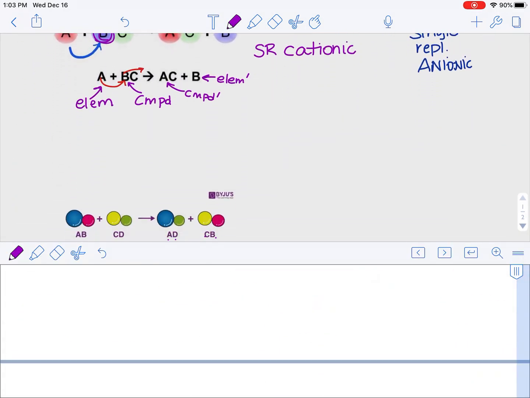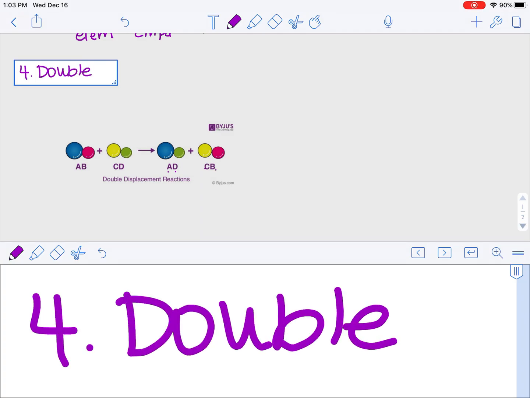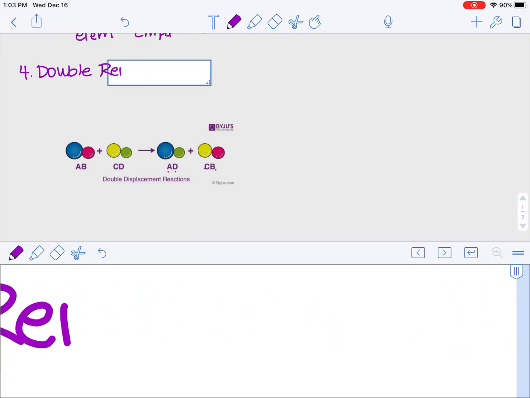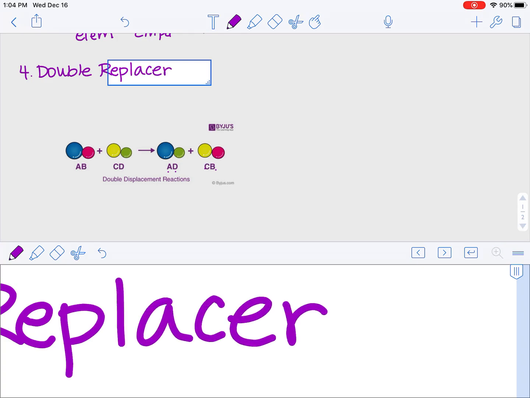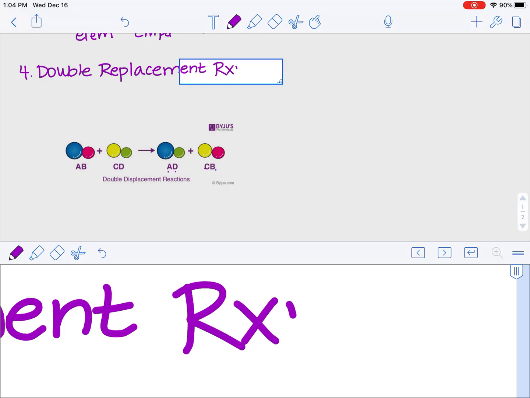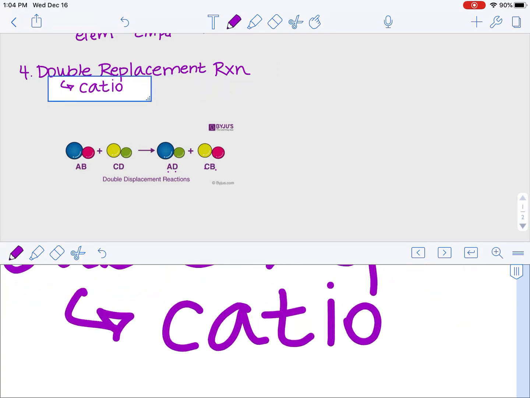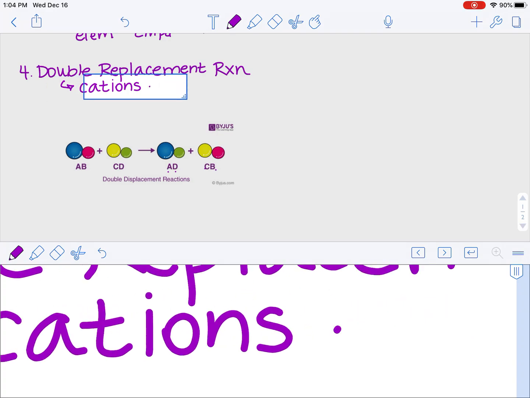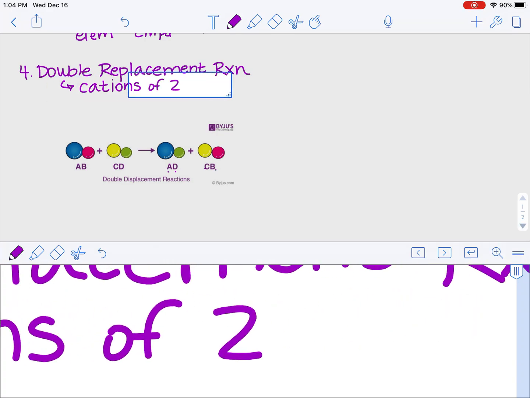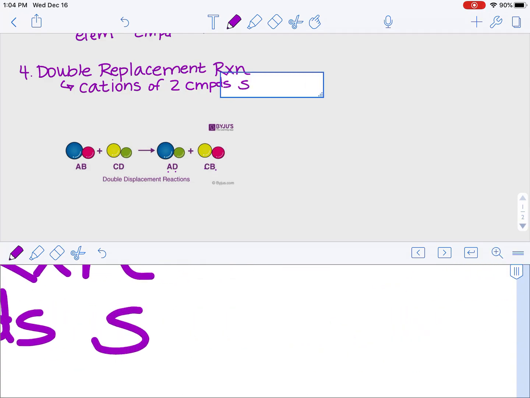Our fourth type of reaction is called a double replacement reaction. Again, sometimes you'll hear double displacement, and that's fine. It means the same thing. In a double replacement reaction, the cations of two compounds switch places.